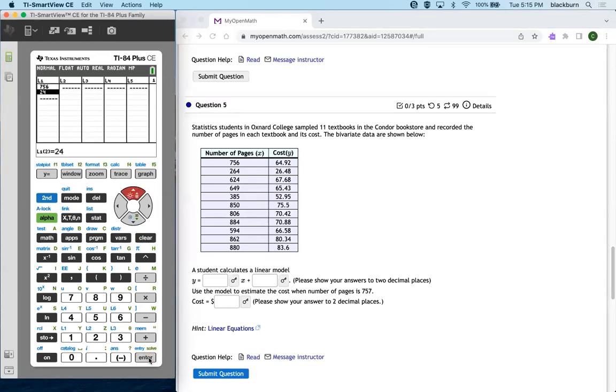Went too fast. 264. 624. 649. 385. 850. 806. 884. 594. 862. And 880. So that's my number of pages in each book. And I go over in the cost, $64.92, etc. Just put them into your table.